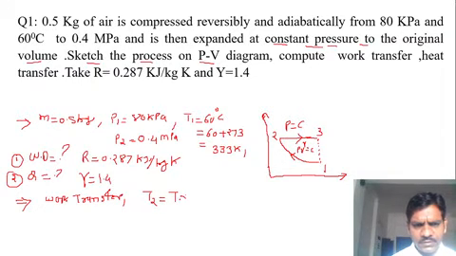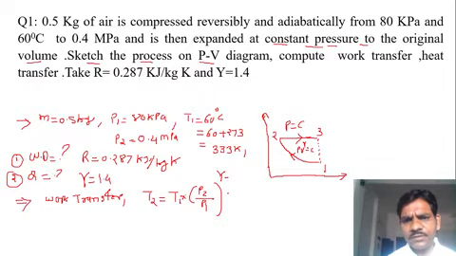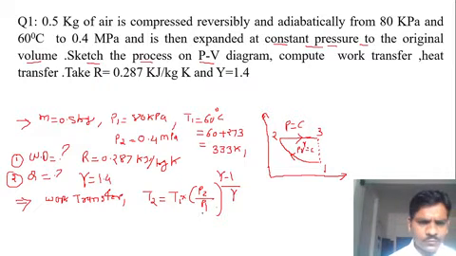T1 into P2 upon P1 to the power gamma minus 1 upon gamma, right? So just put the values.